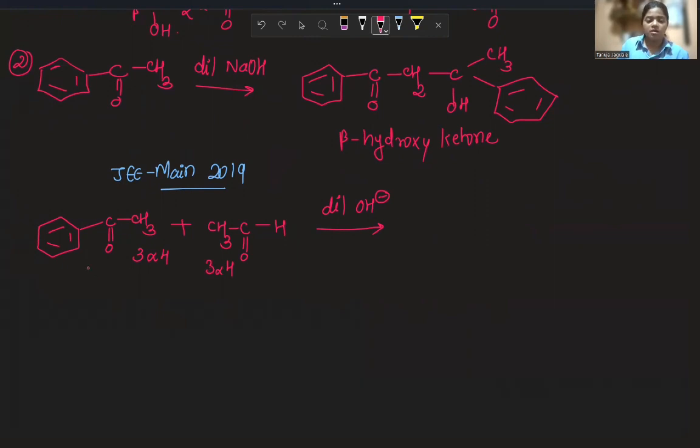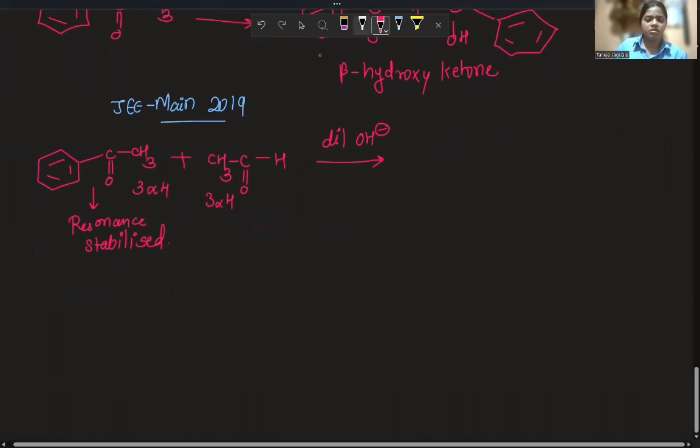The difference between both the reactants is that the enolate ion formed by acetophenone will be resonance stabilized. We can write this as enolate, which is resonance stabilized. Let us see how enolate is formed.